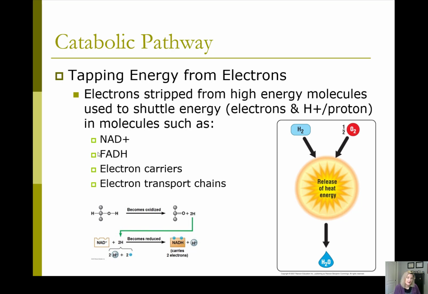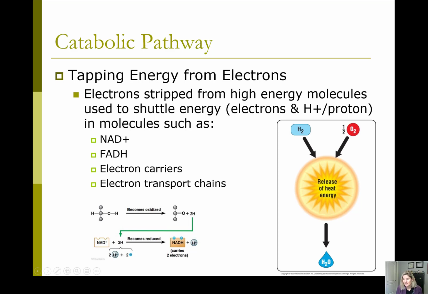When it has electrons added to it, it forms something called FADH2. That will be an electron carrier that can carry more electrons to the electron transport chain. So FADH and NAD plus are going to be transferring some of the electrons from some of these earlier reactions to allow us to get enough energy to create ATP at the end.